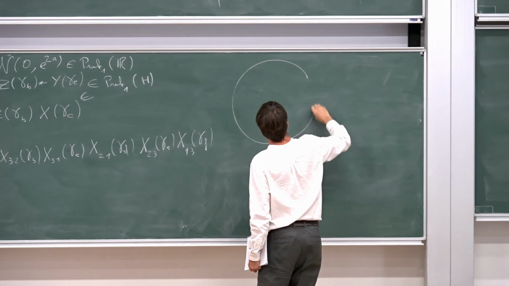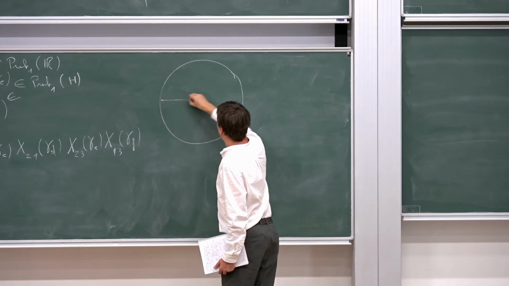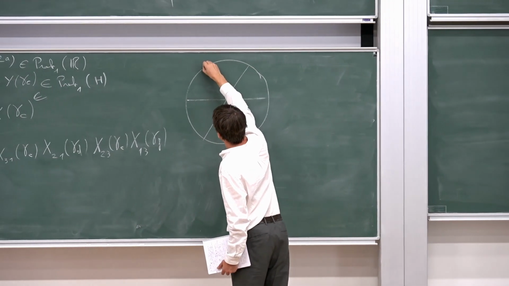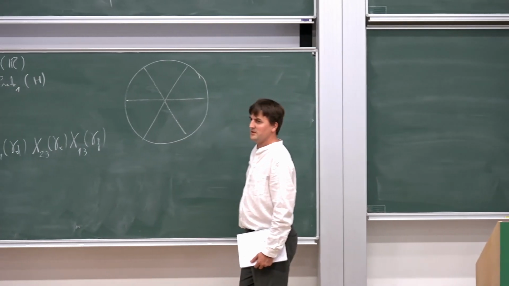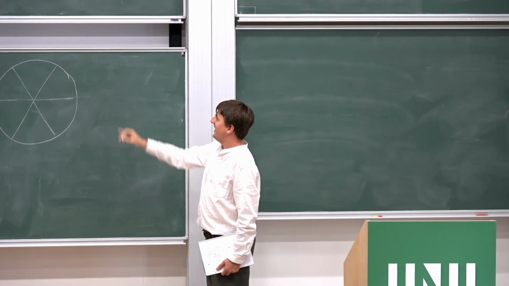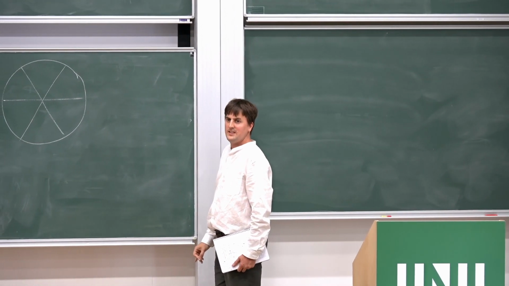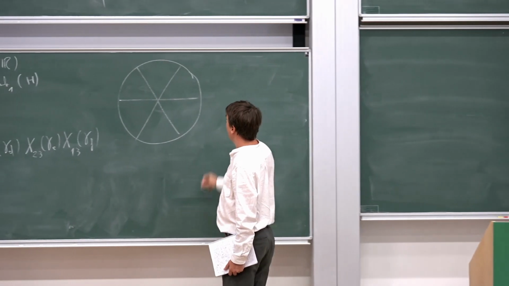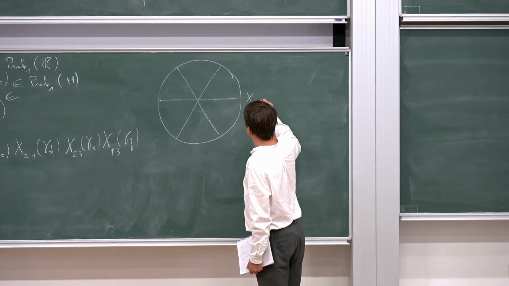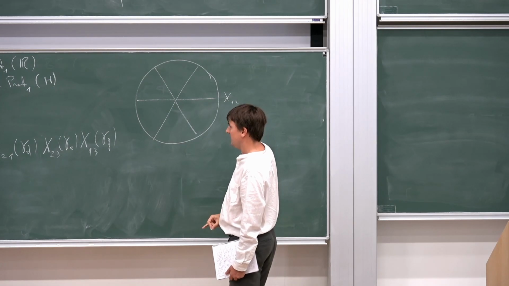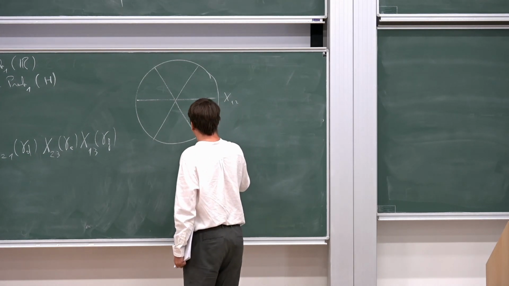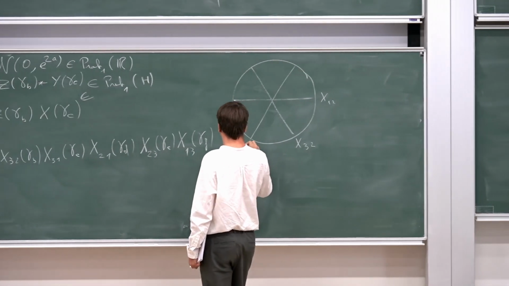So let me write the standard A2 root diagram. It's just a cut of the space into sixths of a plane. I will put all the roots corresponding to these groups in the usual way.